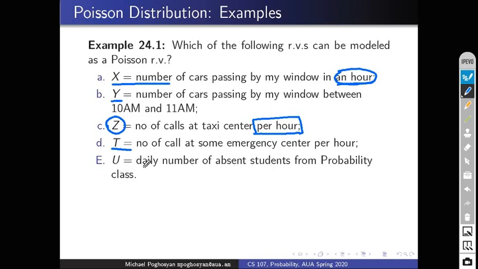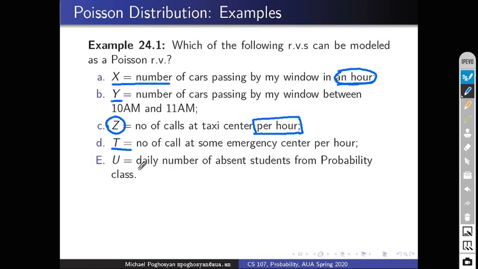And finally, U is the daily number of absent students from our probability class. Well, again, the rate will vary from day to day, of course, but the rate of absence will be much higher when we are doing our quizzes, and the number will be smaller on other days.